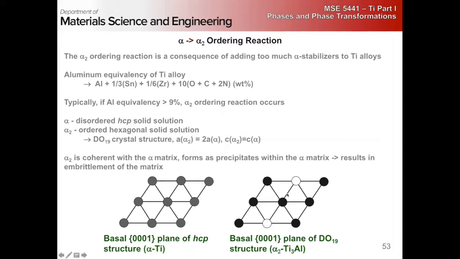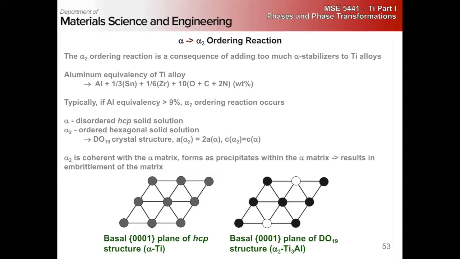But we have clear aluminum sites and titanium sites, right? So we would have here an aluminum atom surrounded by 6 titanium atoms, right? And then every second nearest neighbor would be an aluminum, right?